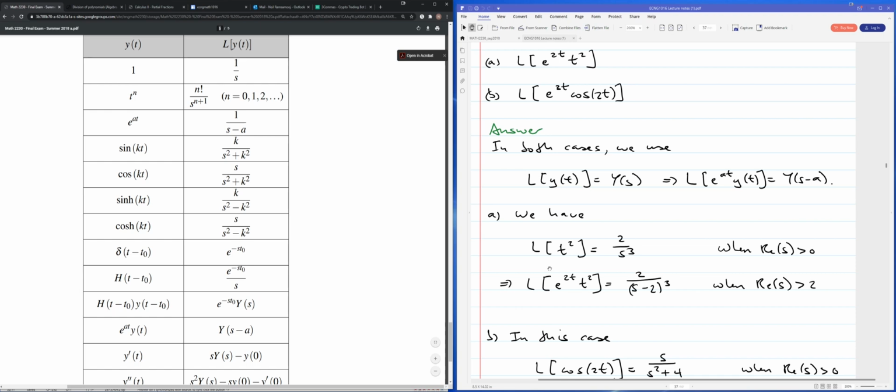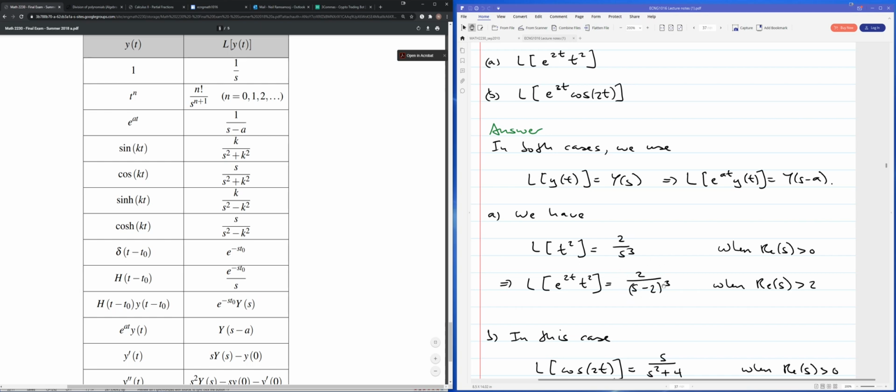Here I know that the Laplace of t squared is 2 on s cubed, which comes from the formula for the Laplace of t to the n. What this formula is saying is that if I want to calculate the Laplace of the exponential times t squared, it is basically the same as the Laplace of t squared, but you need to shift it.